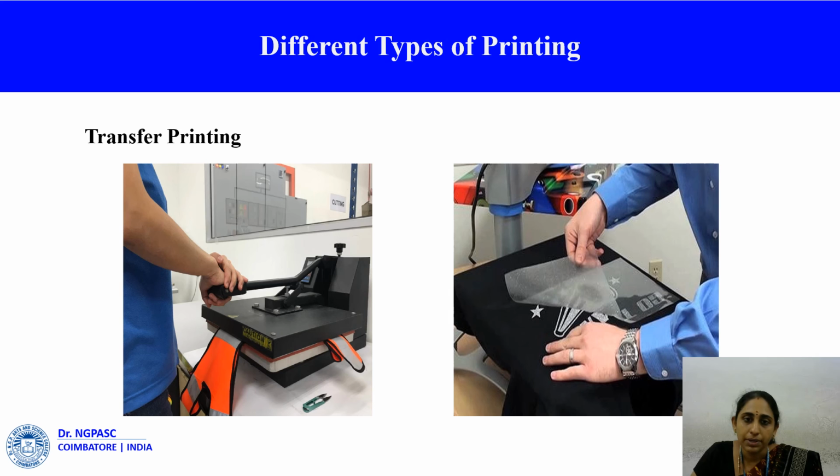First, they are printing the design on a paper and it is transferred to a fabric by the fusing method. Here they are applying heat on the paper, which was inversely placed on the fabric, and the design was transferred by the heat onto the fabric. So this is the transfer printing technique.